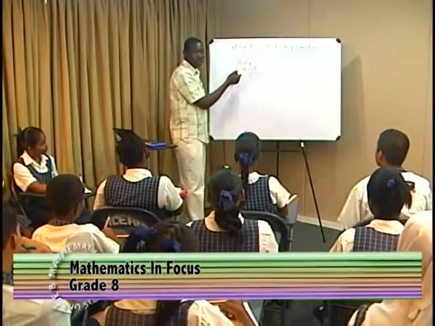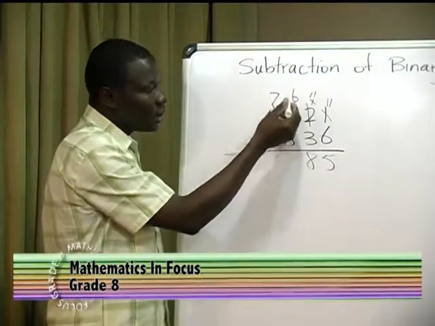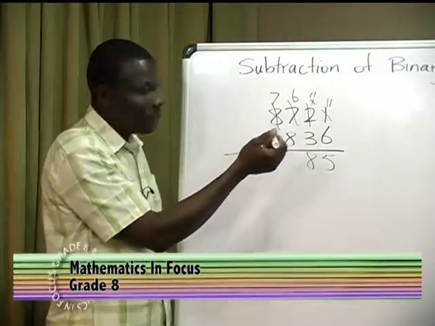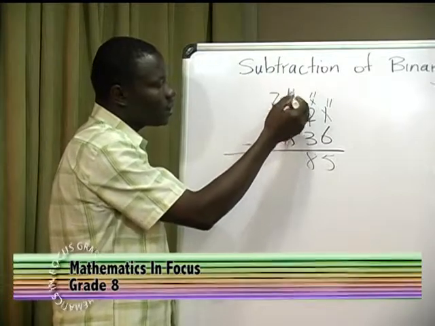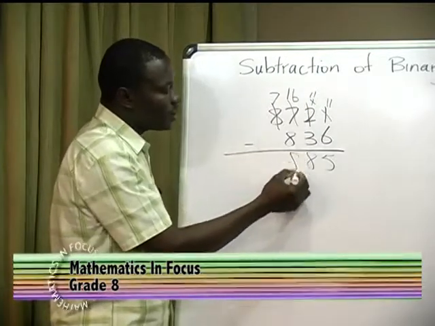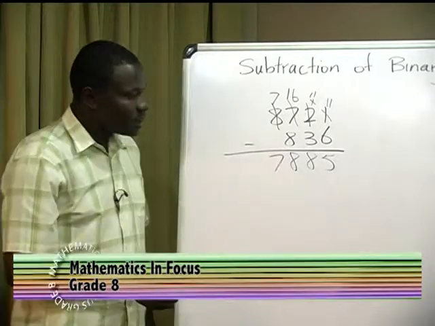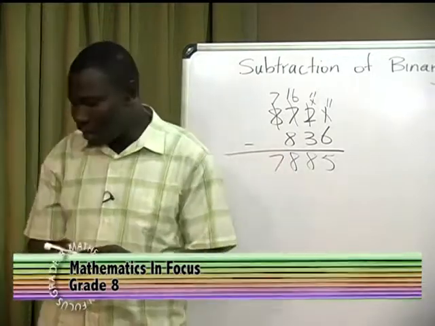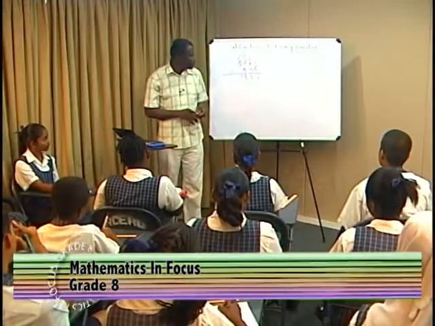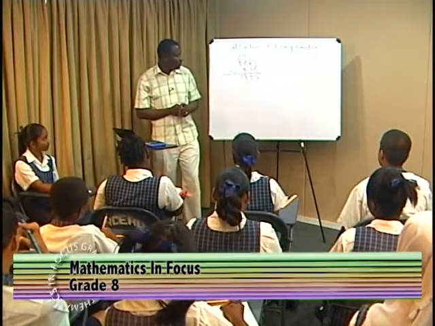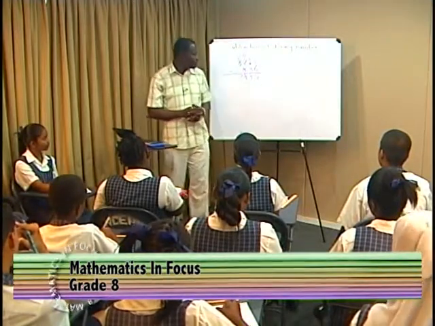And if you take 1 across here, it becomes 10. 10 and this 6 will become 16. And 8 from 16 gives us 8. And we have 7. So we have our answer there as 7, 8, 8, 5.